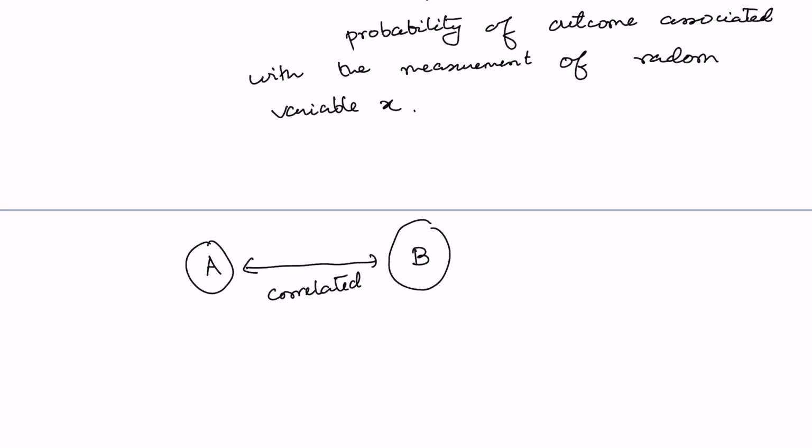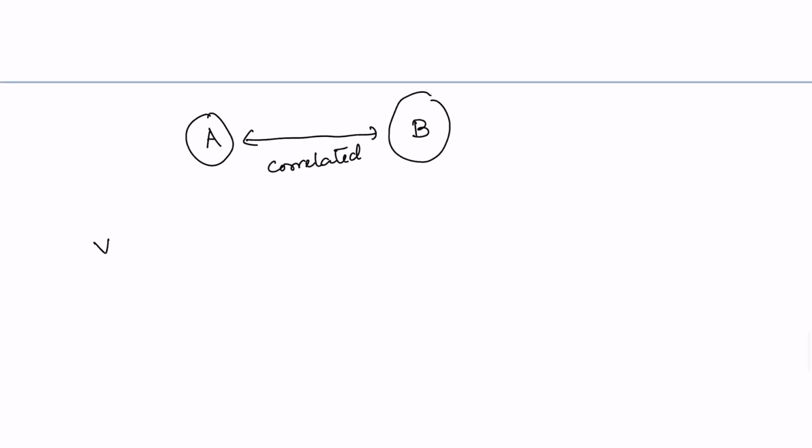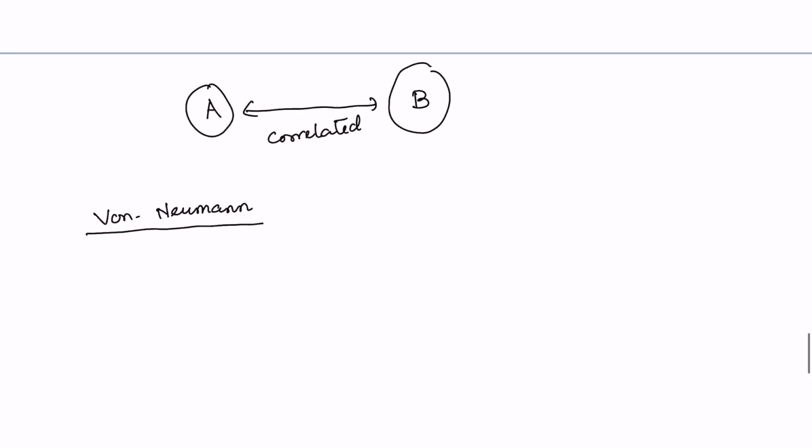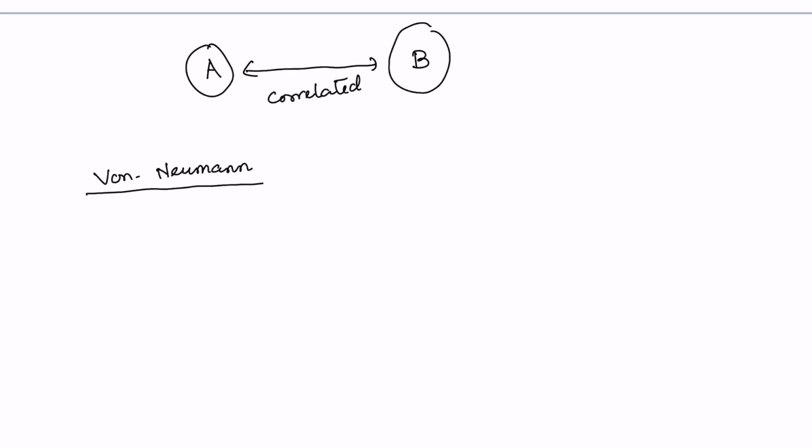This idea of Shannon is extended to the quantum regime by von Neumann, who was a famous mathematician and physicist, and in fact a great information theorist as well. Von Neumann entropy is defined as follows. Here S of rho, this entropy, is now a function of the density operator or density matrix, because in quantum mechanics the state of a system is in general defined by the density operator.